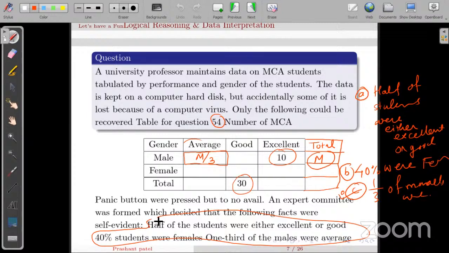Anyone? Here one data is missing, I think. Only the following could be recovered table from the question, number of MCA students 54. Something is missing in the table. Yeah, definitely. I also think that while typing, I have missed something. Let me check.